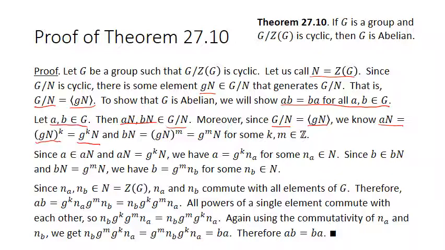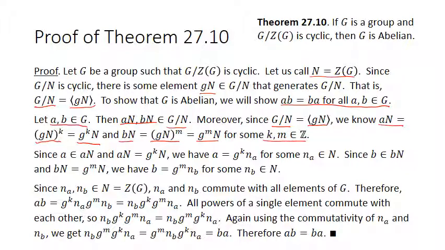Likewise, since G mod n is cyclic, Bn must be some power of the generator, let's say the mth power of the coset Gn. So Bn equals Gn to the m, and that will also equal G to the m n. And this will be true for some integers k and m.